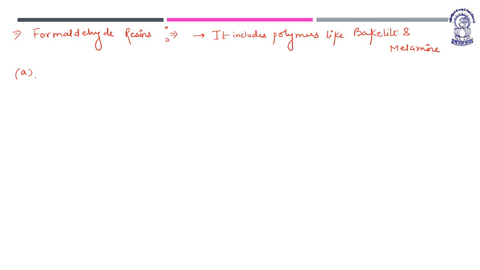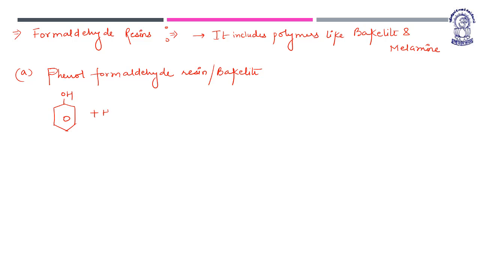The first is phenol formaldehyde resin, also known as bakelite. This is phenol. This is formaldehyde.